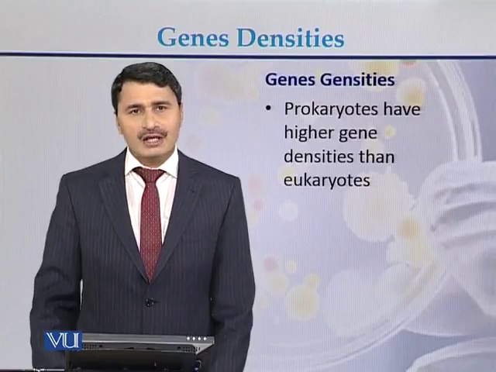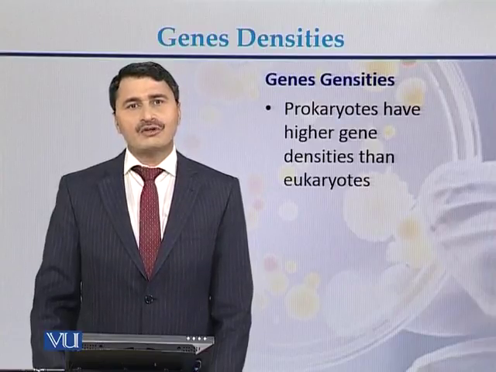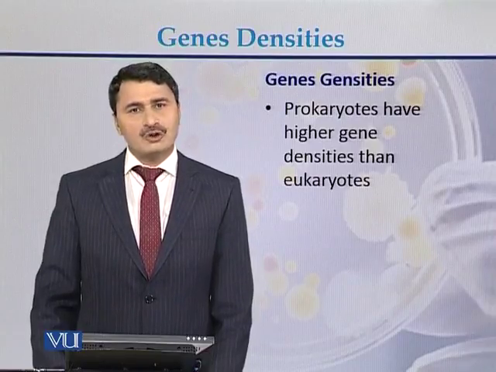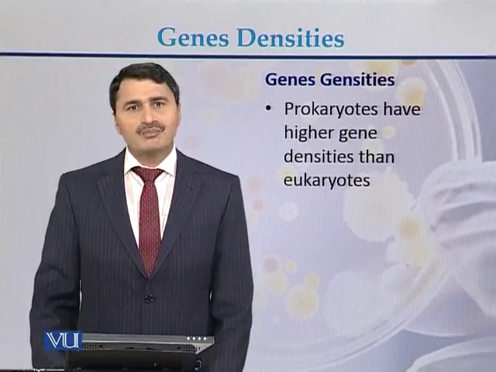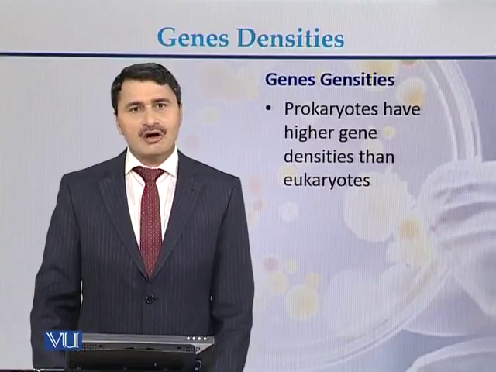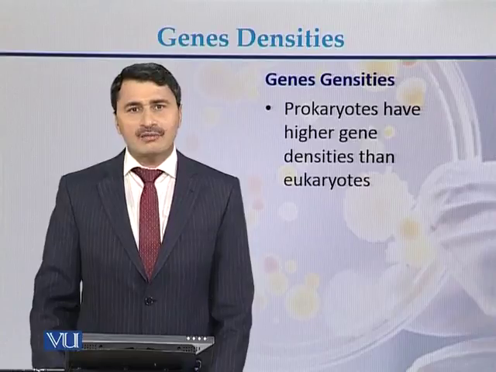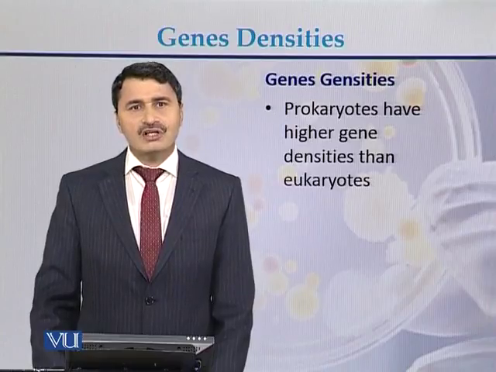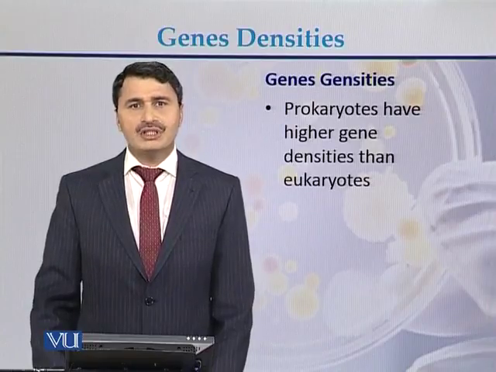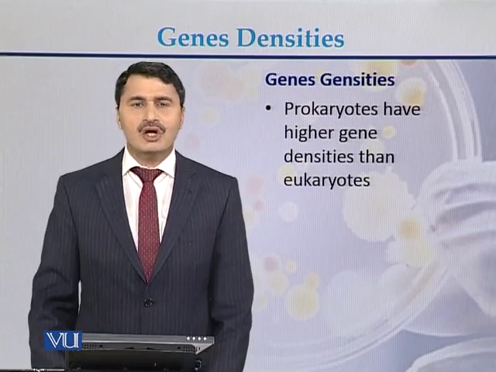In eukaryotic genomes, the genome size is large and the number of genes is less, although one gene can produce more than one polypeptide. It means the number of proteins produced is larger when we compare it with the number of genes present in eukaryotic genomes.